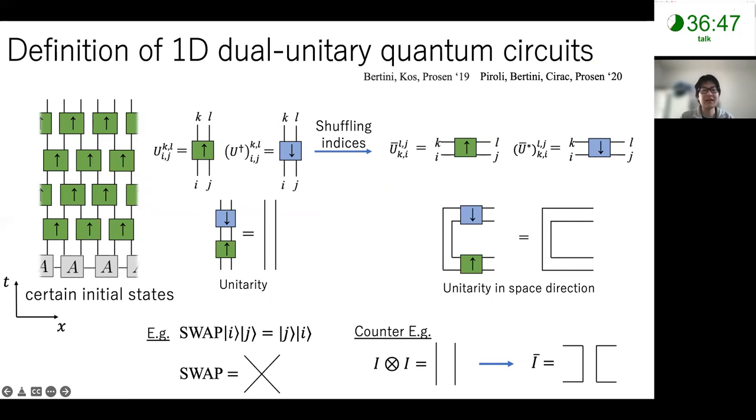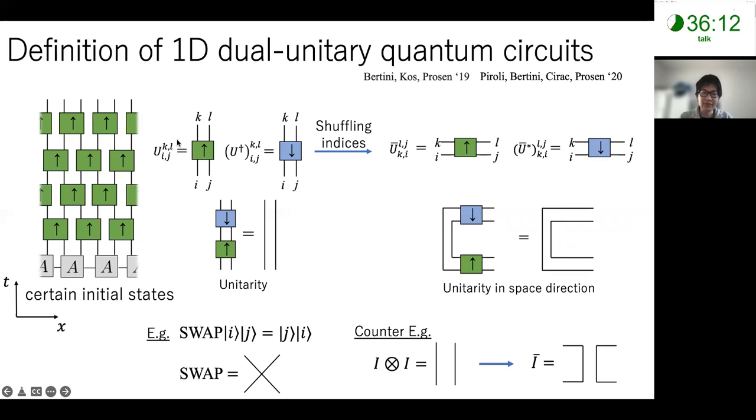So I want to state the definition of the dual-unitary quantum circuit, specifically in a one-dimensional model. A dual-unitary quantum circuit is a quantum circuit where the initial state is a certain initial state I will define in a later slide, and the circuit has a brick wall structure. Here I write the lateral side as space and this side as time.